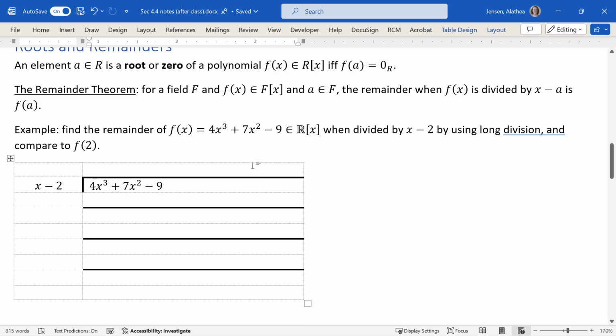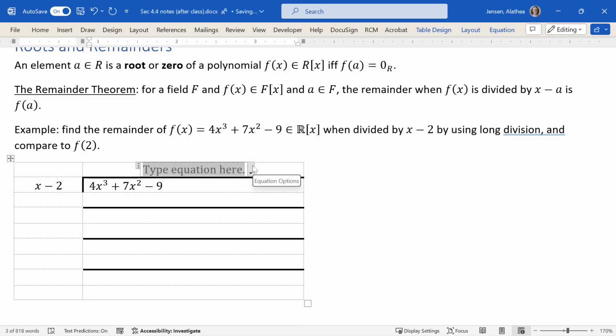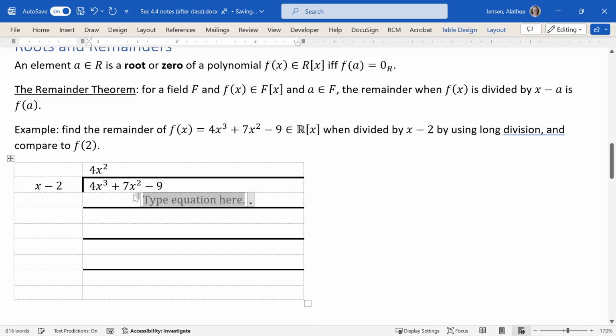So we have to figure out what can I multiply x by to get 4x cubed. To get 4x cubed, I'm going to multiply x by 4x squared. Okay, and now I'm going to multiply this part up here by this part over here, and subtract that down here.